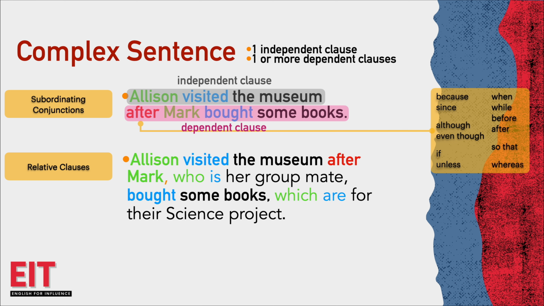So, being able to write a complex sentence means that you will be able to include extra information or vital information in your sentences smoothly. Because that's one big problem of English learners. They try to include a lot of things in their sentences, and there's no problem with that, except that they do it incorrectly.